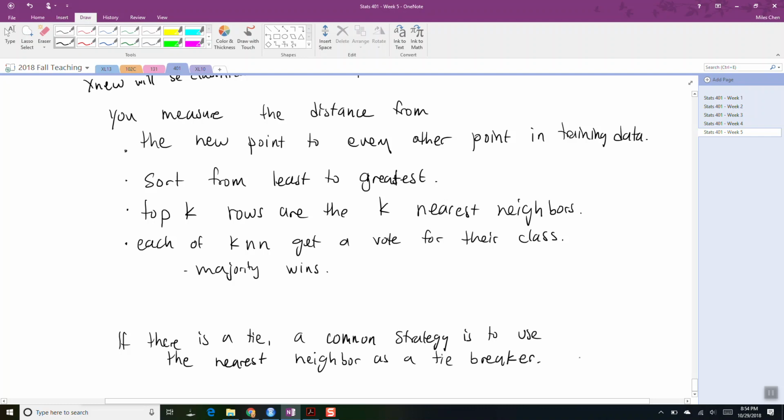If you only have two classes and you pick K to be odd, you won't run into this issue. But if you have three classes, it's possible to have like 4 and 4 and 1 or something like that, even with an odd K, and then you'll need something to break your tie.